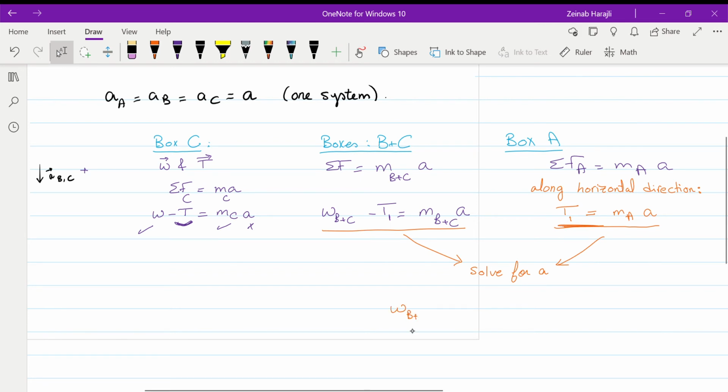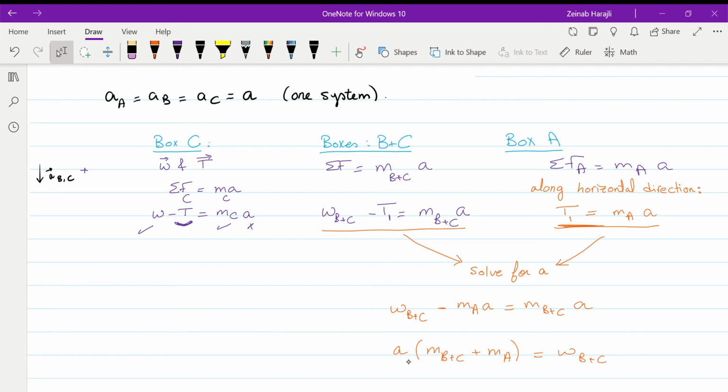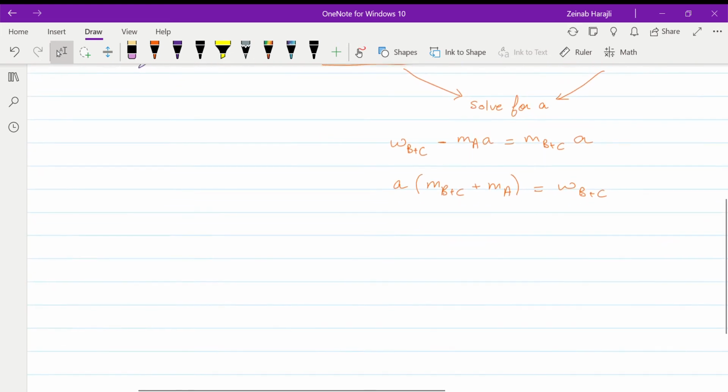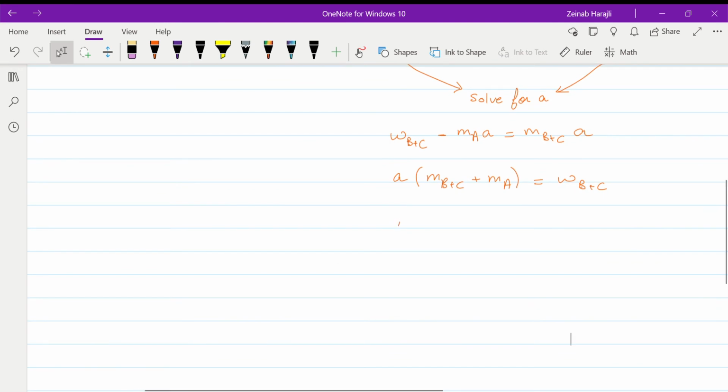So we have W(B+C) minus mA times the acceleration equals m(B+C) times the acceleration. Let's take the acceleration as a common factor. We will have m(B+C) plus mA, times a, equals W(B+C).